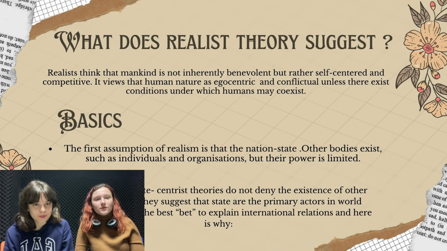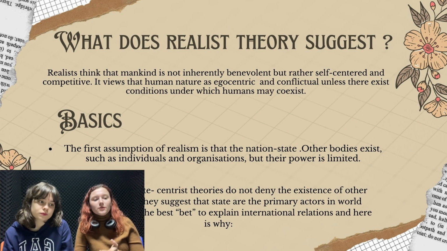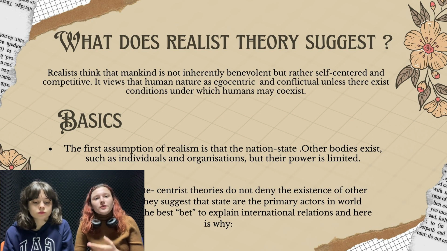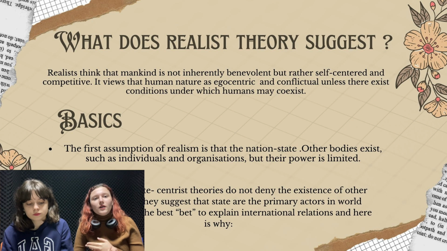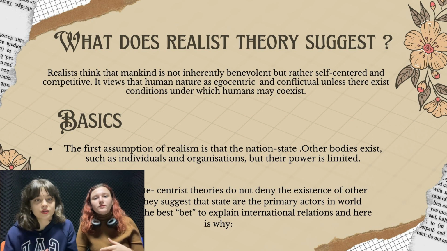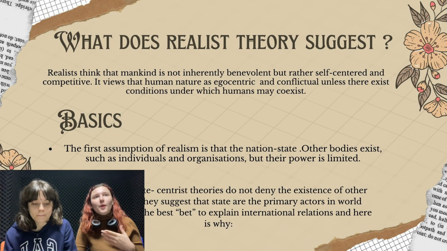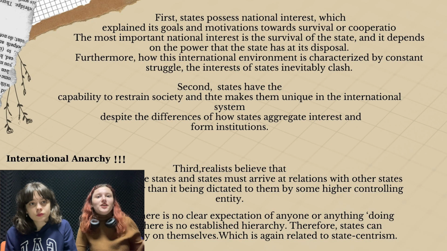Starting with the basic assumptions, the first assumption is state-centricism. State-centricism is basically the belief that states should be prioritizing their own needs and their own national interests above others. This should be their priority.